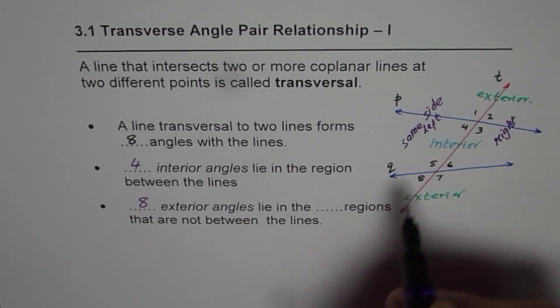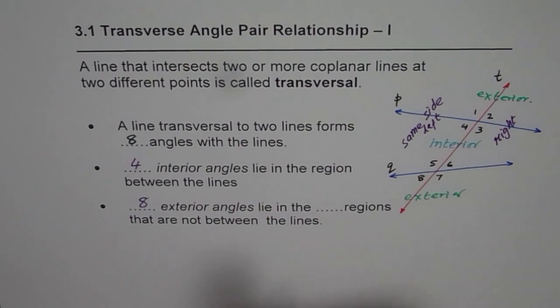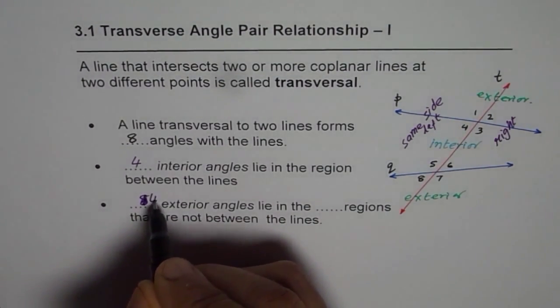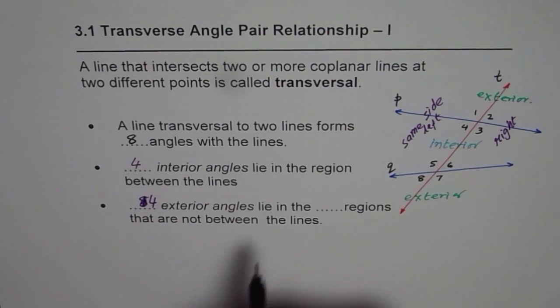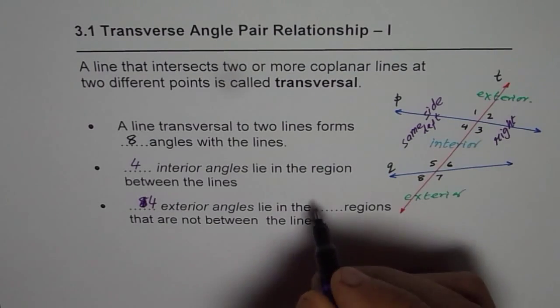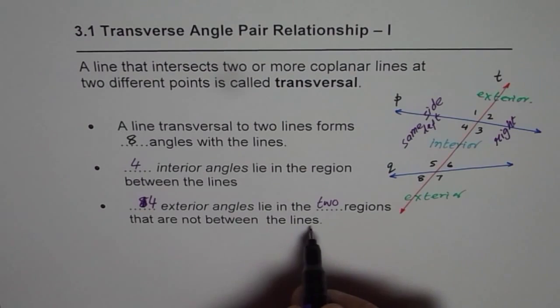What is important here is when you talk about the interior region, there is only one region which is interior. So there are 4 exterior angles that lie in the 2 regions that are not between the lines, right?